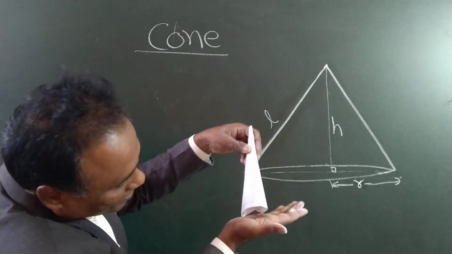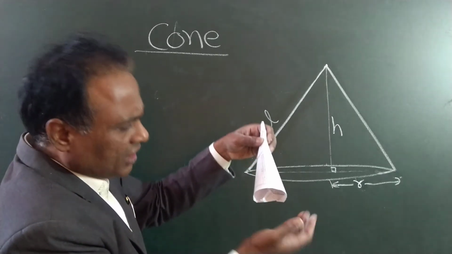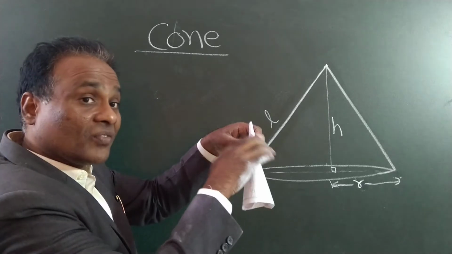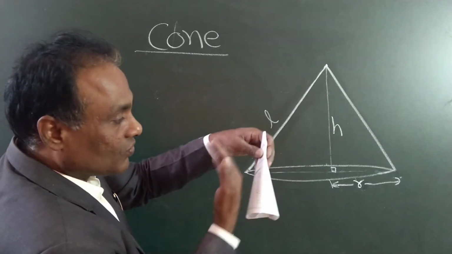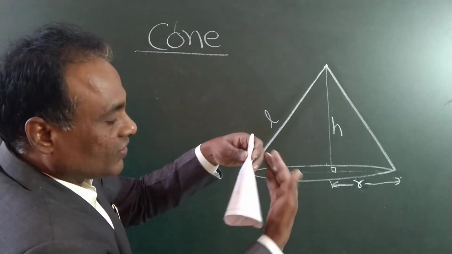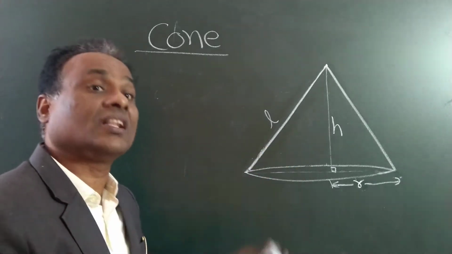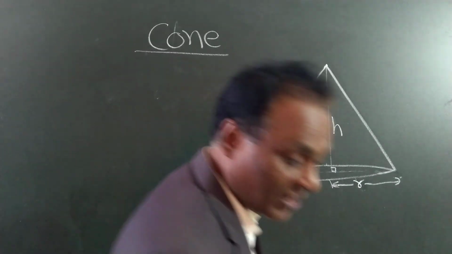Sometimes the bottom area is added. If the base is added to the curved surface, then it is called the total surface: the curved surface area plus the base area. And of course the third formula is volume. So we have three values.